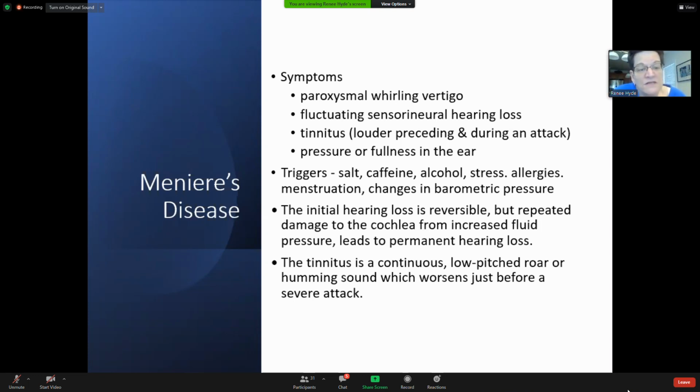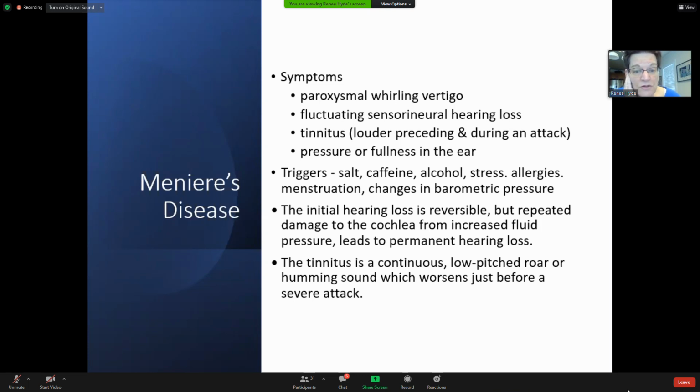So when patients that have Meniere's disease have an attack, they get that roaring sound, that tinnitus. Their ear feels like it needs to pop, and their hearing decreases. Now, in the early stages, that sensorineural hearing loss is transient, meaning it sort of comes and goes. But as the disease progresses, that sensorineural hearing loss can become permanent.